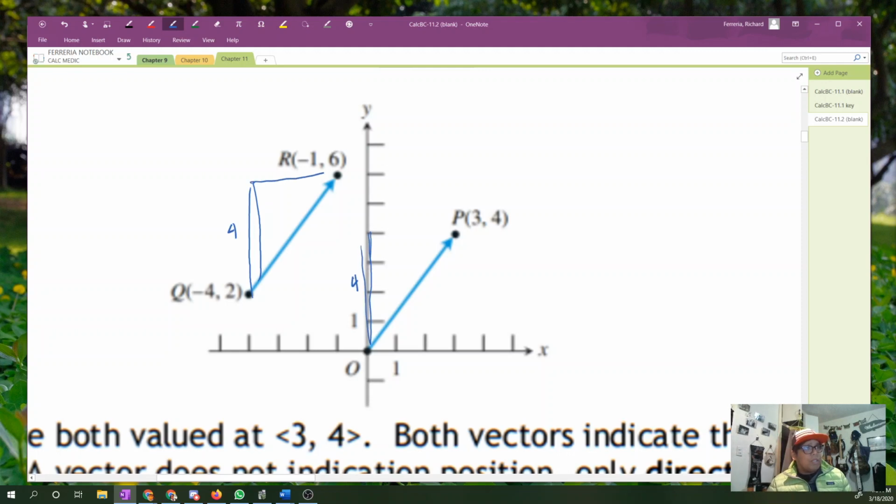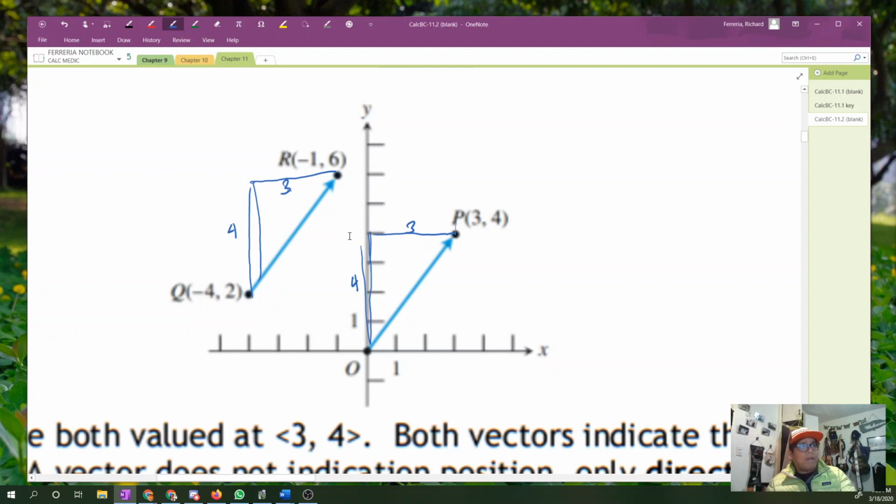This horizontal distance here is 3, and this horizontal distance here is also 3. So really these two vectors are both saying the same thing. We're going upwards with a force or a speed of 4, and over to the side with a speed of 3. So both of these vectors are what we would call equivalent.